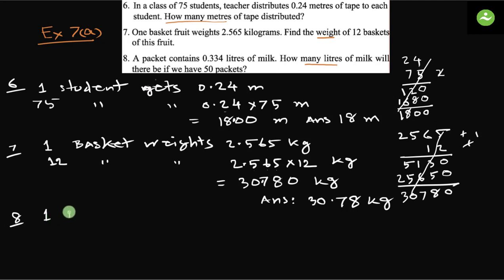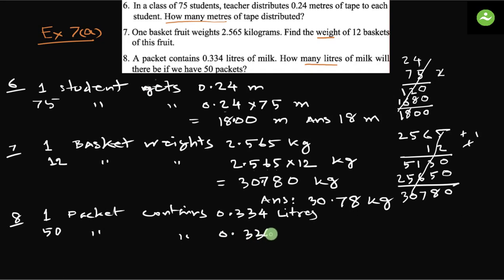One packet contains 0.334 liters. So how many liters will it be if we have 50 packets? So 50 packets contain 0.334 into 50 liters. We shouldn't forget the unit.